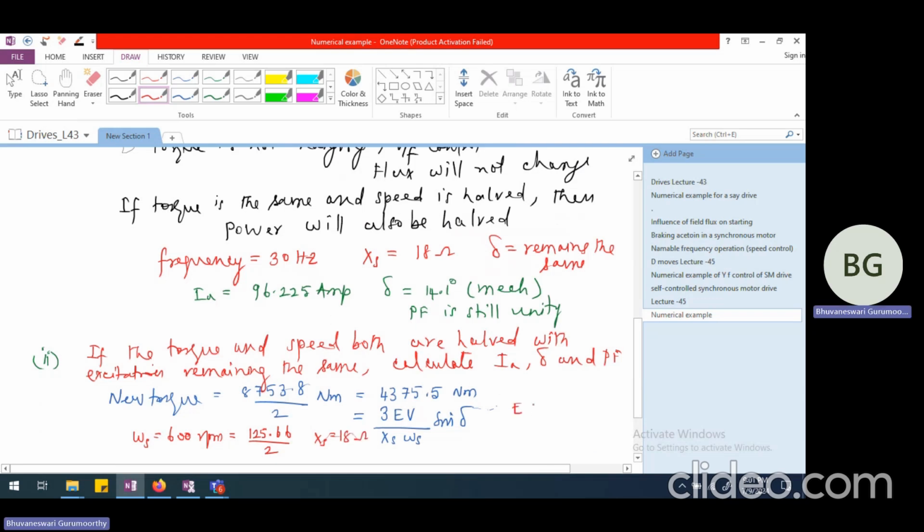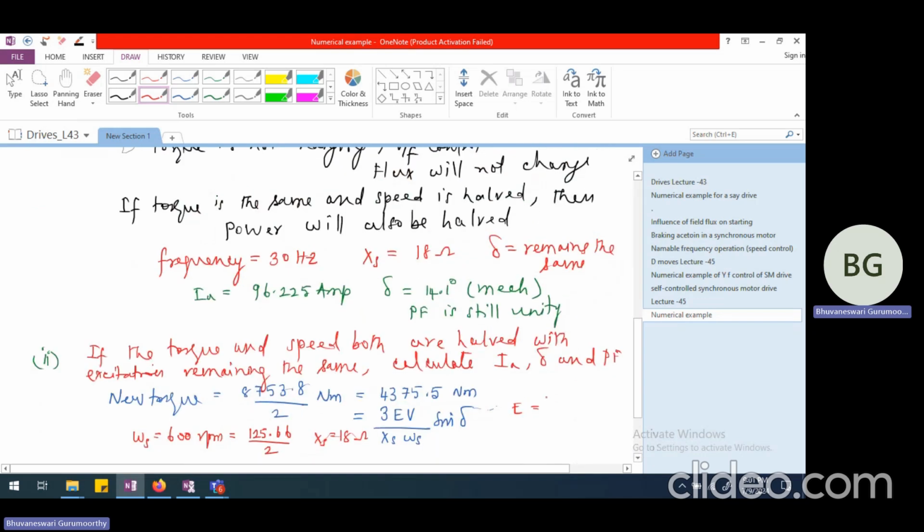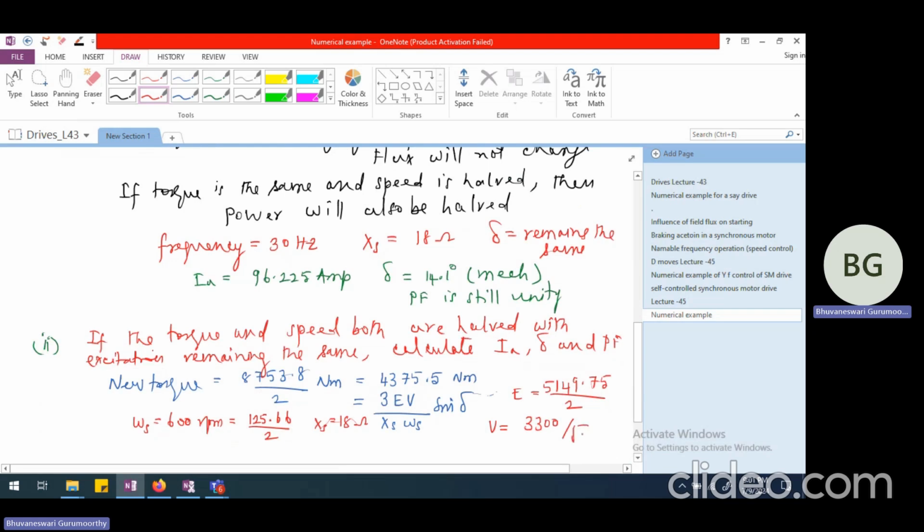And E is going to be whatever we calculated as original E, which was 5149.75. It is going to be half of that. So 5149.75 divided by 2. Similarly, V is going to be 3300 divided by root 3. Instead of 6600, I am using 3300.